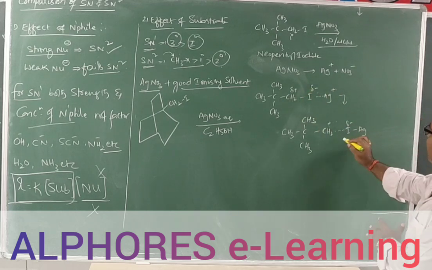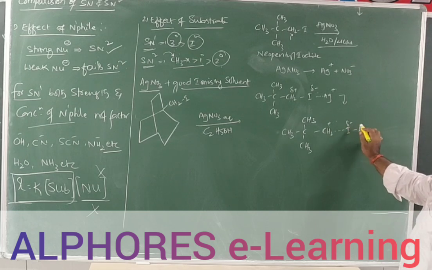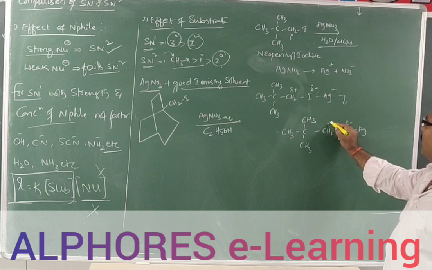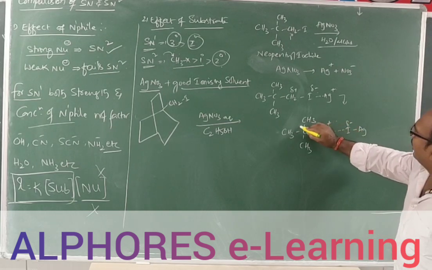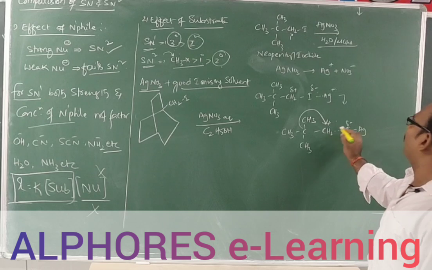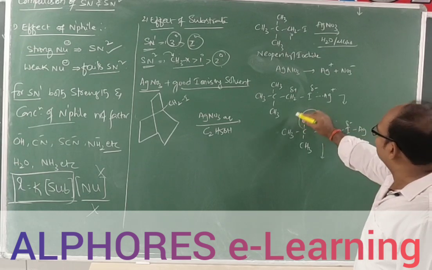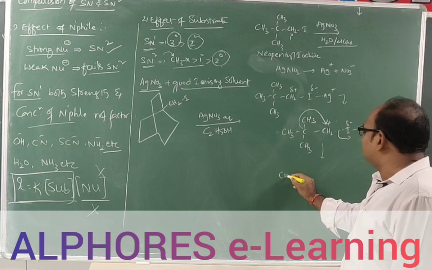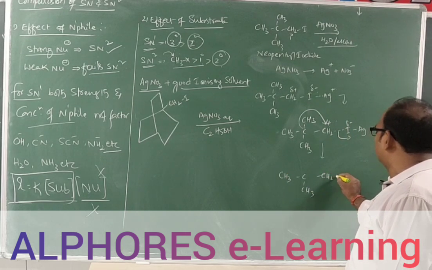Think what happened here: bond breaking between this carbon and iodine takes place completely, giving complete positive charge here. Now this methyl is going to migrate. That means it gives complete carbocation character. This carbon will take away electrons completely and this methyl migrates. The result is CH3, C, CH3 and CH2, CH3.